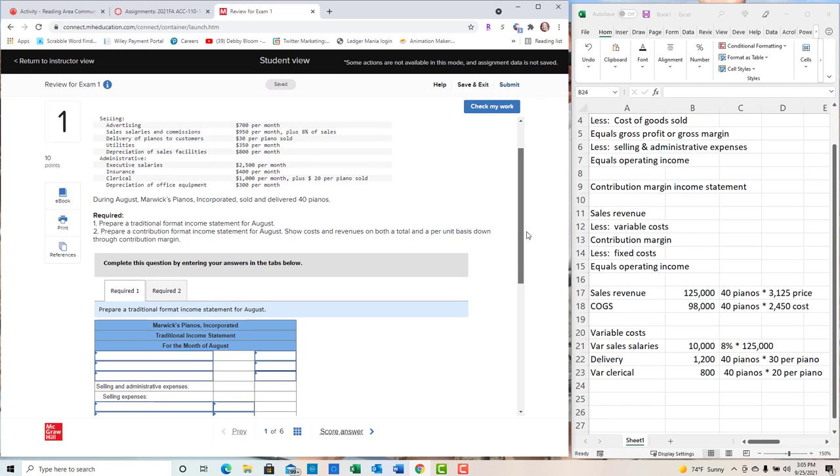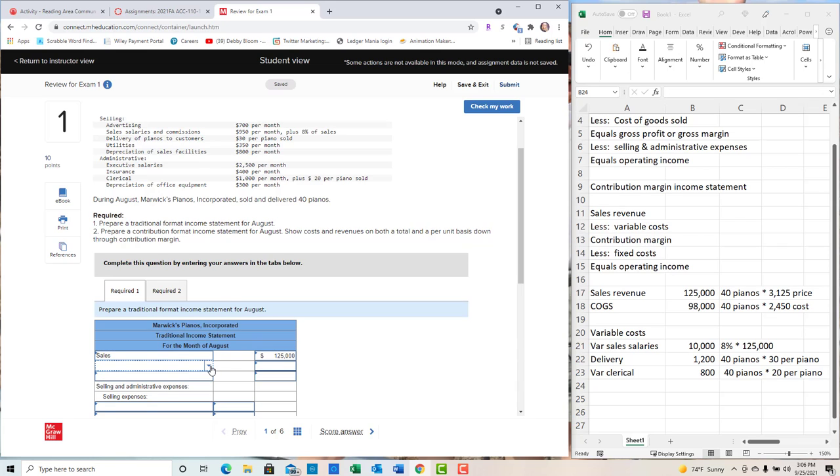So hopefully we can see up on top what we're doing as we fill it in down below. So we're going to start off our traditional income statement. We're going to start off with our sales or our sales revenue. And in this case, we calculated our sales revenue as $125,000.